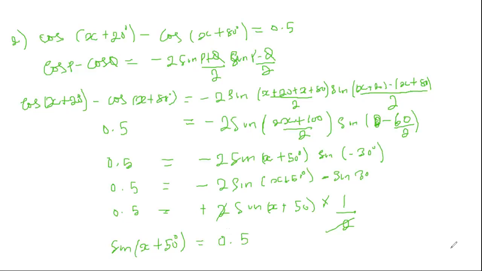Teacher, how come that is a half? I thought it is supposed to be a negative half. No, this negative and this negative became positive. Negative times negative, so I wrote it here as a positive.